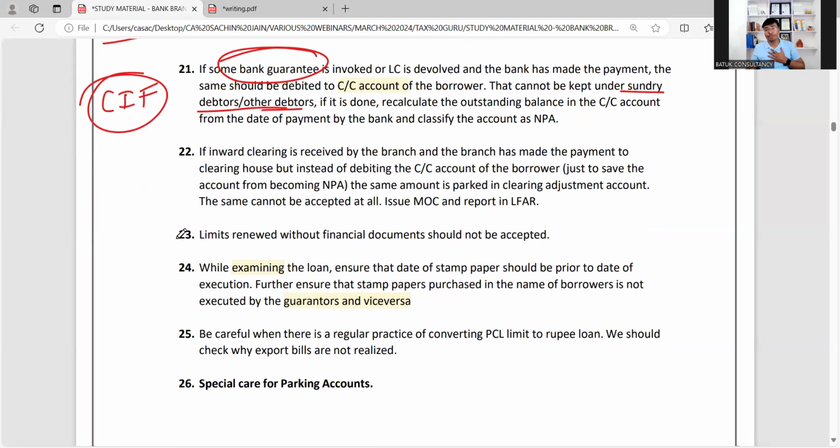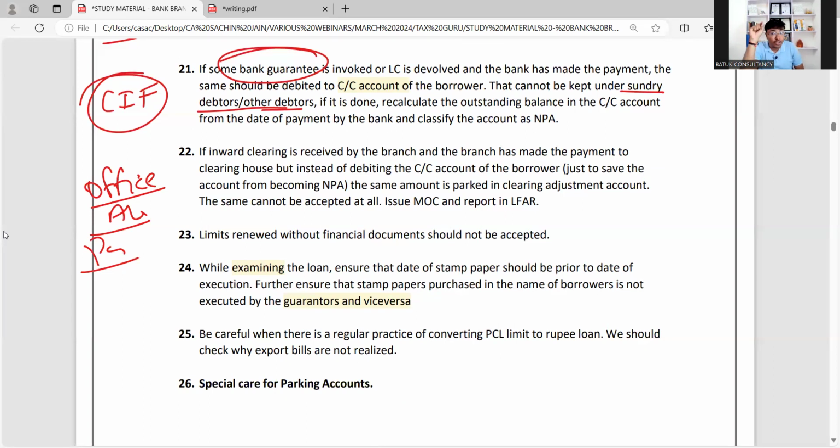Also, this is my suggestion to you: when you go for a bank audit, specific consideration is to be given to the office accounts and the parking accounts. There are certain office accounts, such as syndicator, miscellaneous expenditures, other expenditure, multiple office accounts.